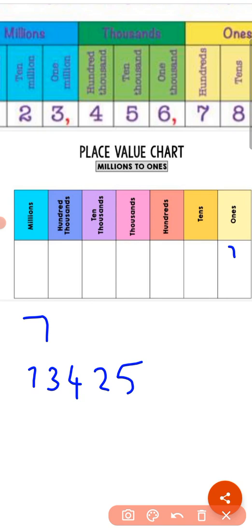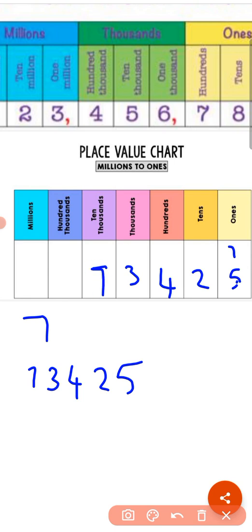Here 5 in ones place, 2 tens place, 4 hundreds place, and 3 thousands place, and 7 in 10,000s place.